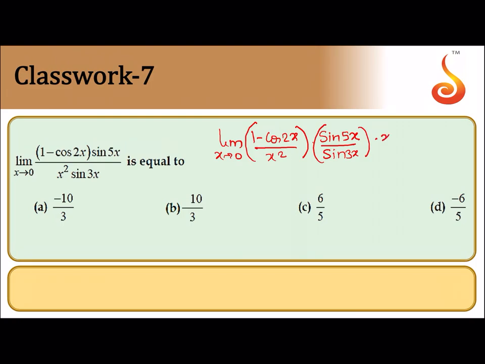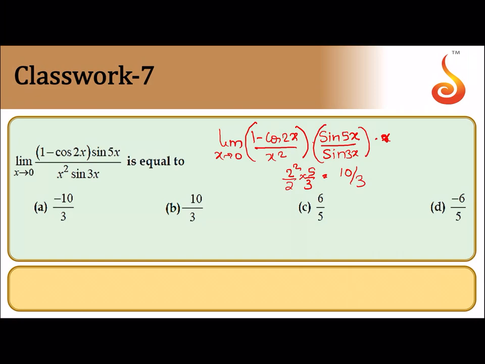Limit x tending to 0, 1 minus cos 2x by x square, again this is one part, into sine 5x by sine 3x, this is another part, into x square. 1 minus x square is not at all required.